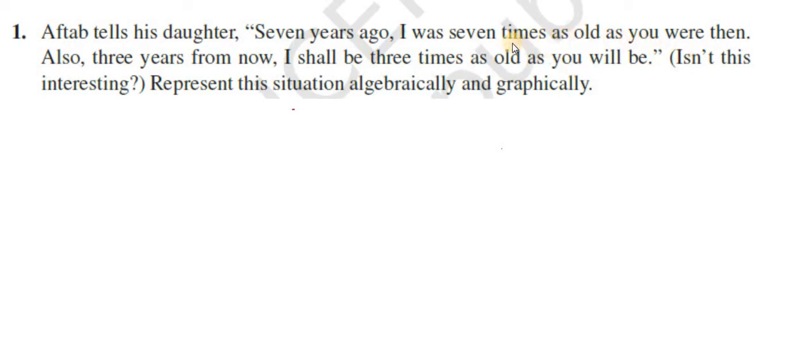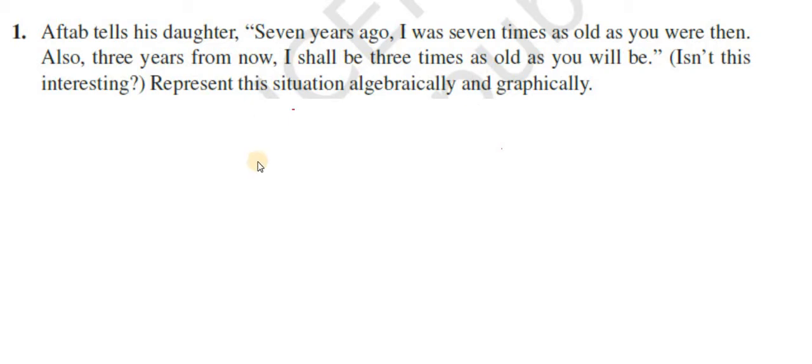He is telling that 7 years ago he was 7 times as old as his daughter. 7 times is nothing but 7 into s1. The second statement: also 3 years from now, I shall be 3 times as old as you will be.